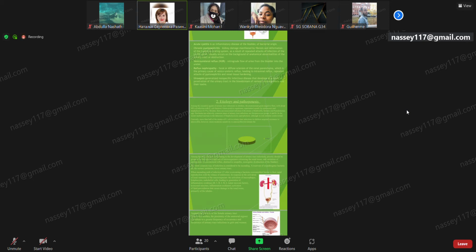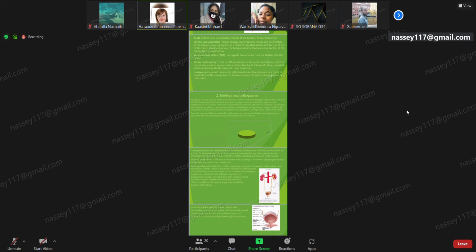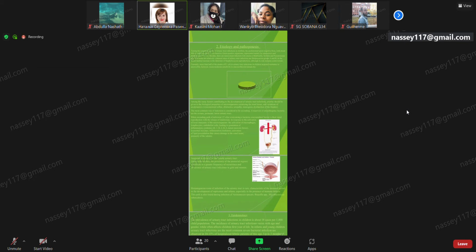Features of the female urinary tract, like a short wide urethra and the proximity of the anorectal region, contribute to greater frequency of occurrence and recurrence of urinary tract infections in girls and women.